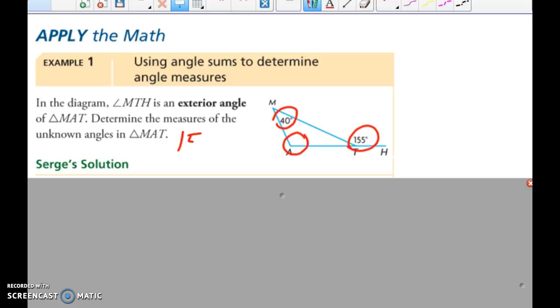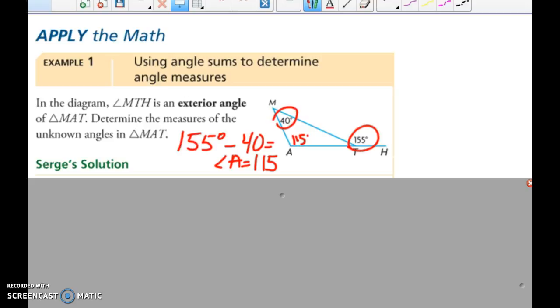So 155 degrees subtract 40 should leave you with angle A. So angle A would be 115. So this one is 115. This one's 40, those add up to exterior.